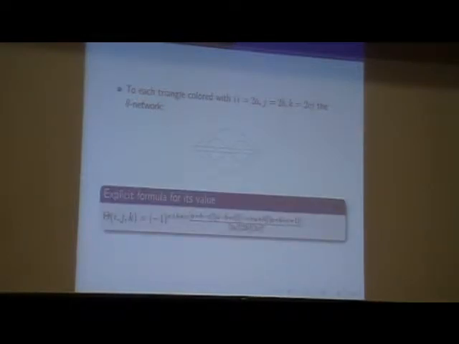So what else can you do? You can also associate something to the sides, which is the so-called theta network, which looks like this. So this depends on 3 sides.